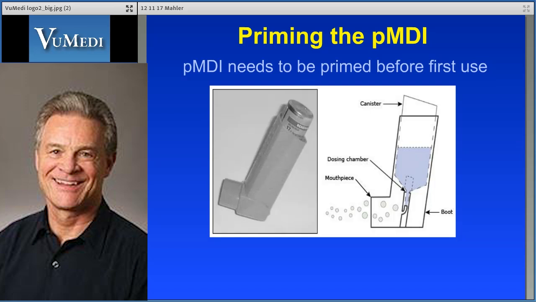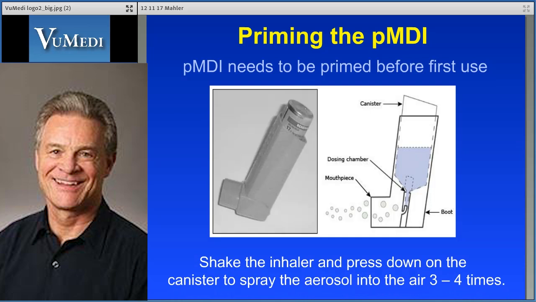Before using the pressurized metered dose inhaler, it needs to be primed. For priming, the inhaler should be shaken and pressed down on the canister to spray the aerosol into the air 3 to 4 times. The aerosol should be sprayed into the air away from any individual.